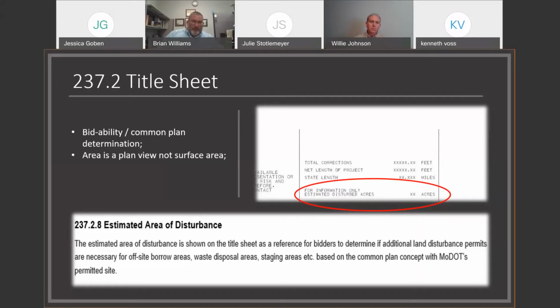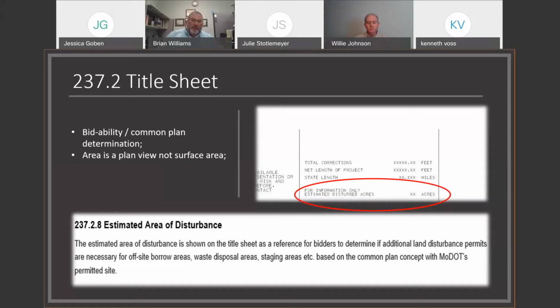So adding the BMPs, being able to do the inspections on those sites, all of the same stuff that we do on MoDOT right of way, they have to do on those support activity locations. So that is a cost that is real to MoDOT.